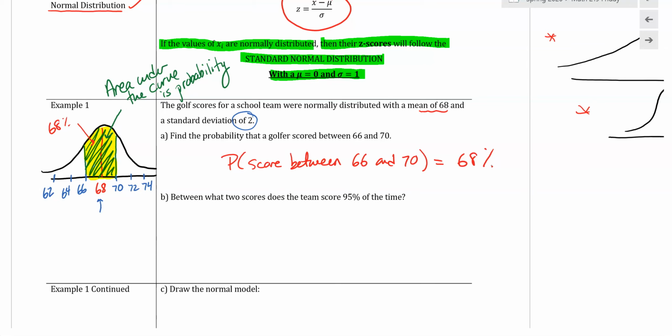Now, let's try this next one. It says, between what two scores does the team score 95% of the time? So looking at our distribution here, between what two scores would we expect to find 95% of all of our data, or 95% of all of our golf scores?